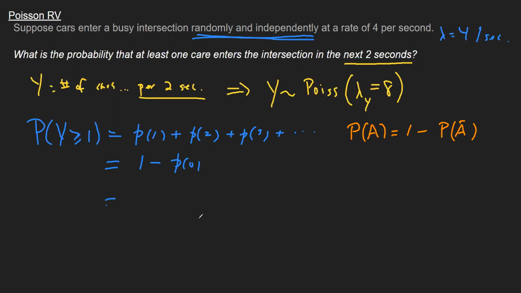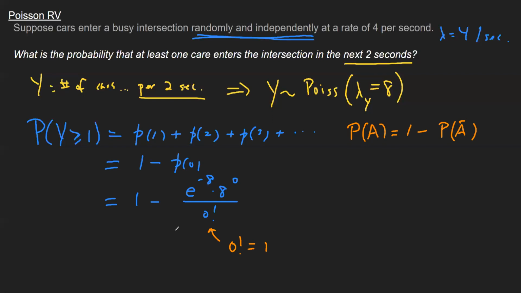To finish, again, this is a Poisson distribution, so I'm going to use the PMF we had earlier. It's going to be e to the negative lambda, so in this case, e to the negative 8. And then lambda raised to the x, in this case our x is 0, over x factorial. Just a little note here, mathematically 0 factorial seems a little weird, but by definition, 0 factorial is just equal to 1.